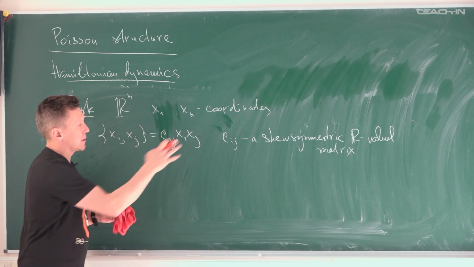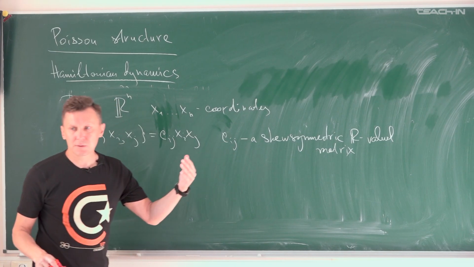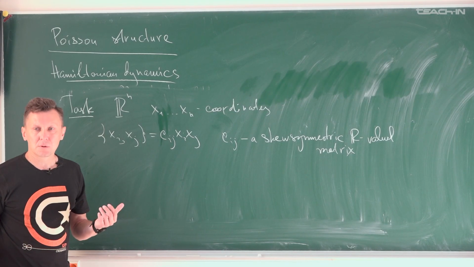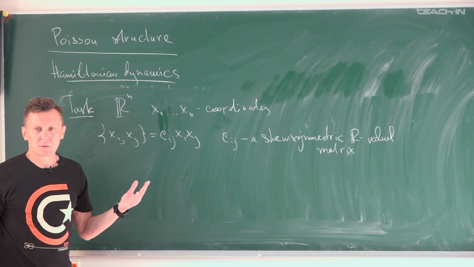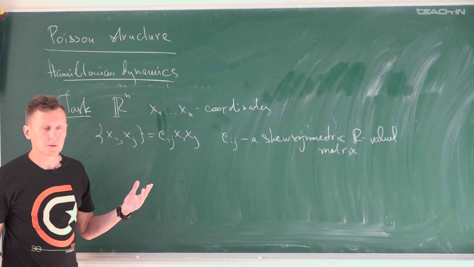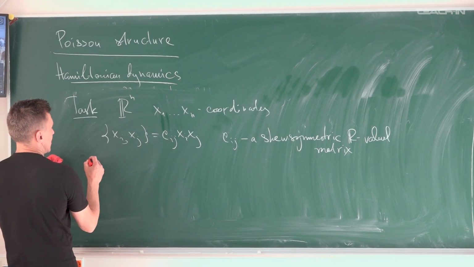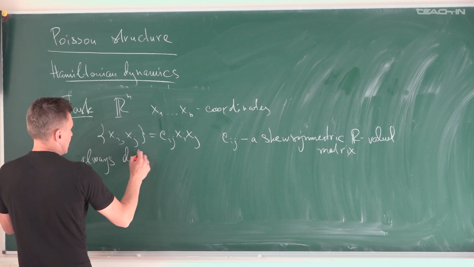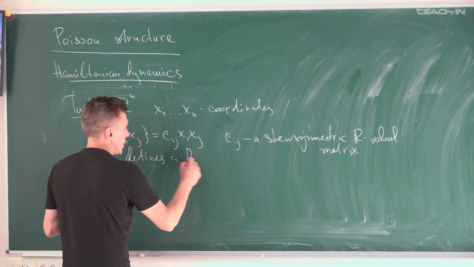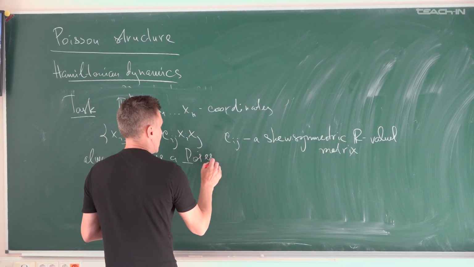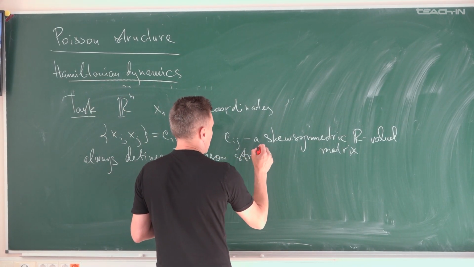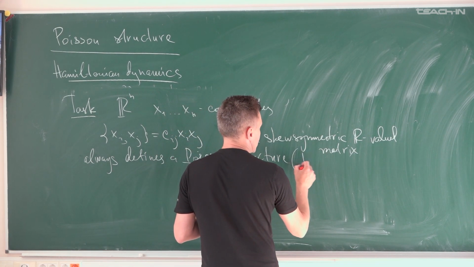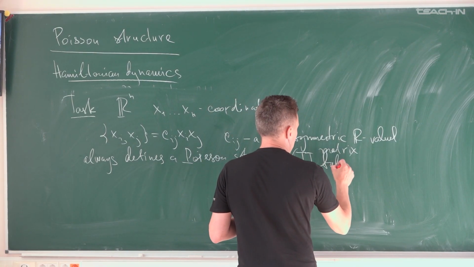So the statement is that it always defines a Poisson structure. So the Jacobi identity is always fulfilled. There are no other demands. Understand? It always defines a Poisson structure, which means that the Jacobi identity is fulfilled.